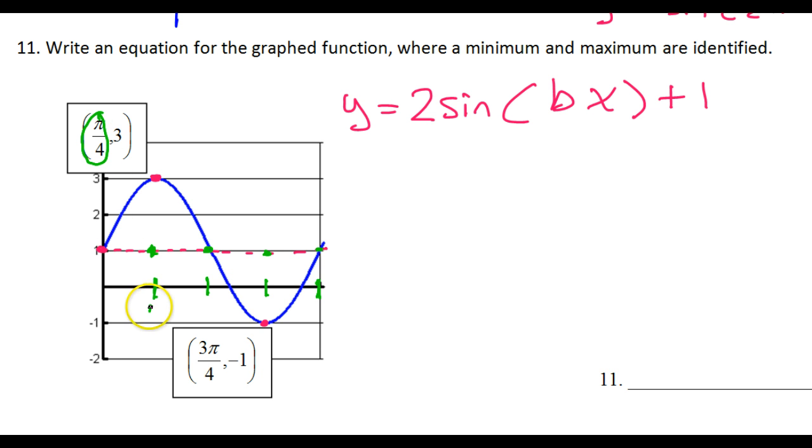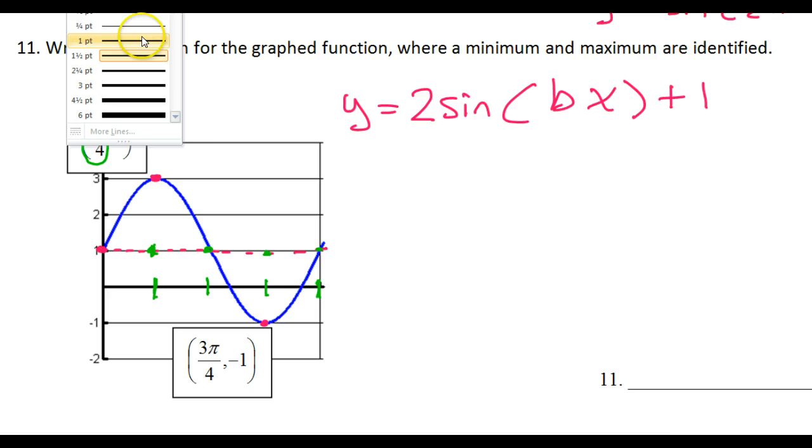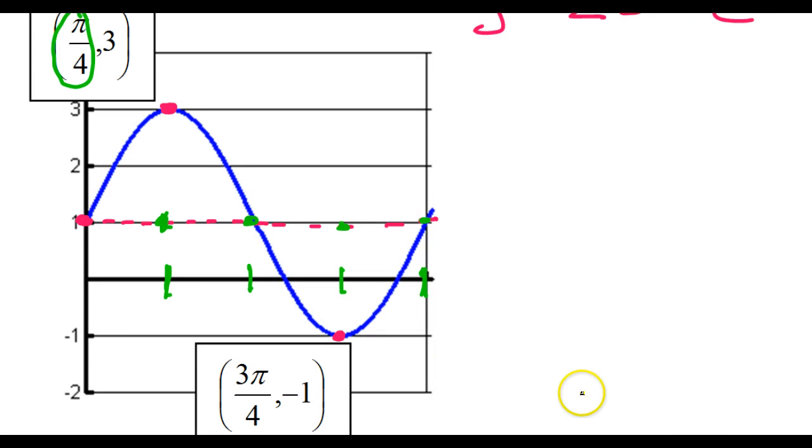Let me use blue instead, because this is hard to see, and let me make it smaller and zoom in. They told us this was pi over 4. And then they told us that this one is at 3 pi over 4.